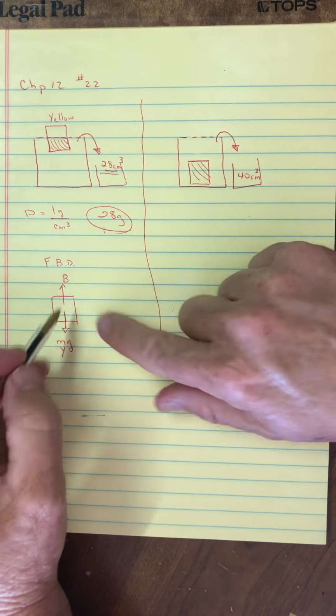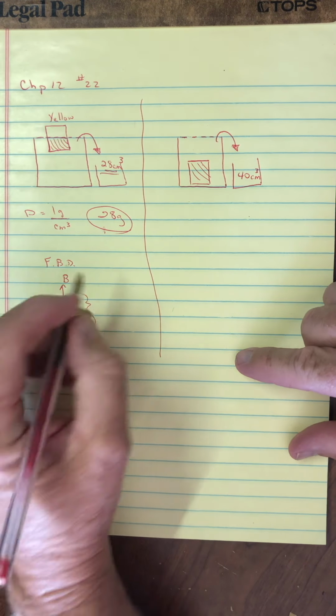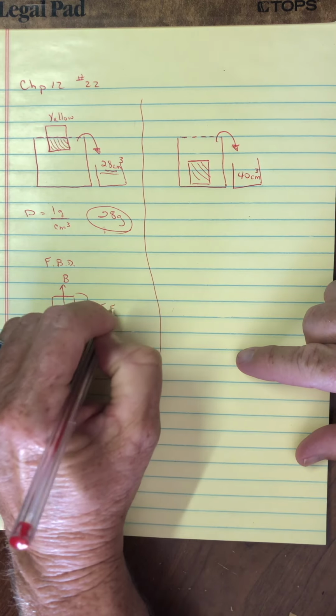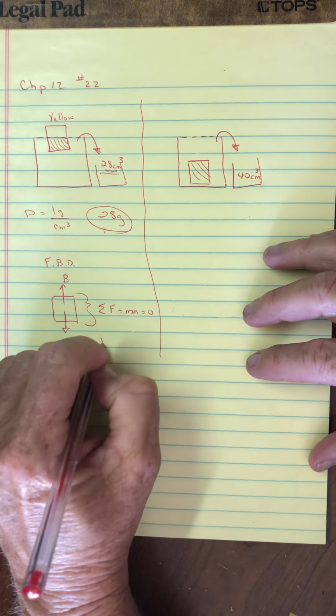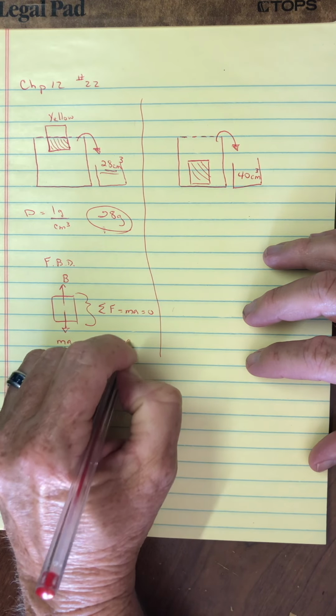And since it's floating, those are the only two forces, so if you add up all the forces and set it equal to ma, it's got to be 0.